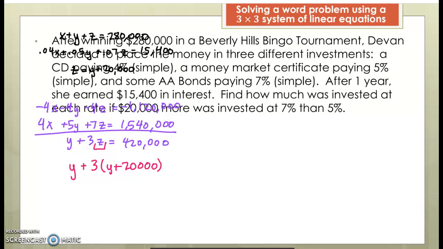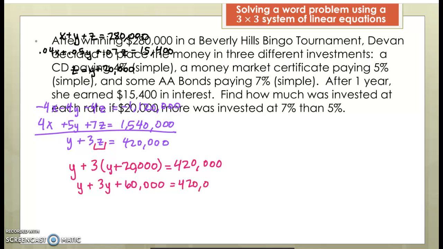That's why those commas are important for these kind of equations. So all I did was, into this equation, I plugged in my z value from another equation. And that's equal to 420,000. Now I can go ahead and solve for y. Multiply that 3 in. I get y plus 3y plus 60,000 equals 420,000.